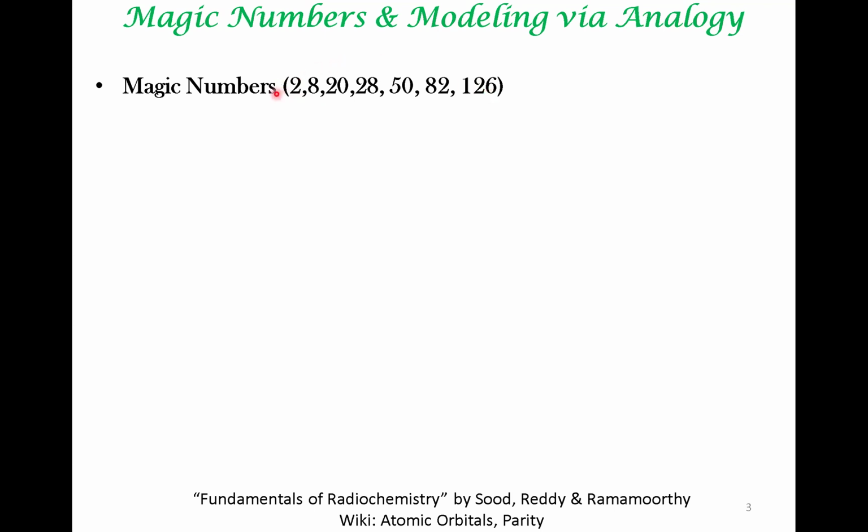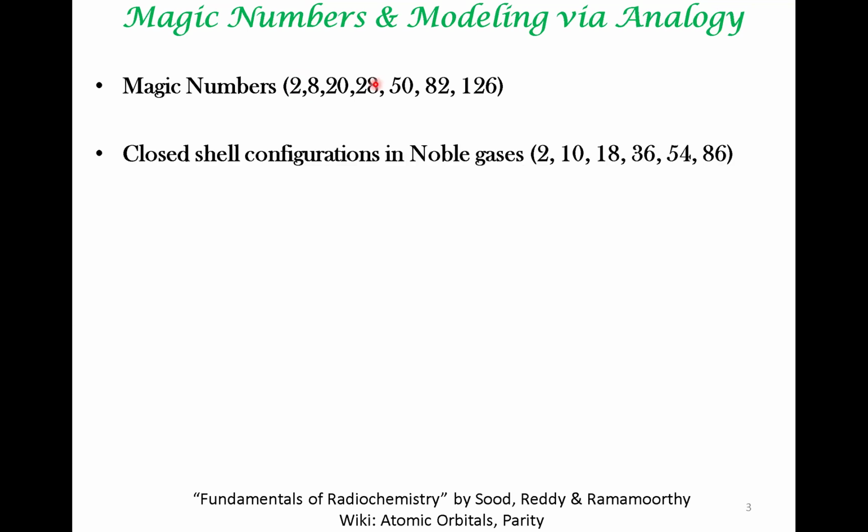If you look at this feature from the context of electronic structure, there is a close analogy. There are closed shell configurations in noble gases with these numbers of electrons, wherein the electronic structure is very stable.